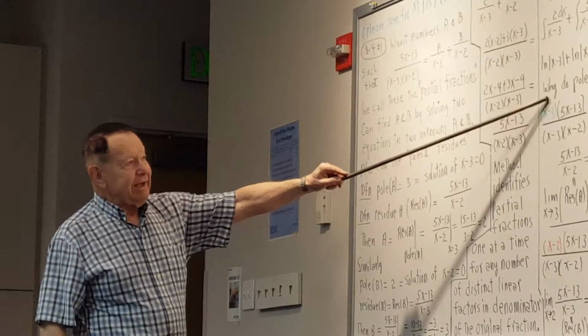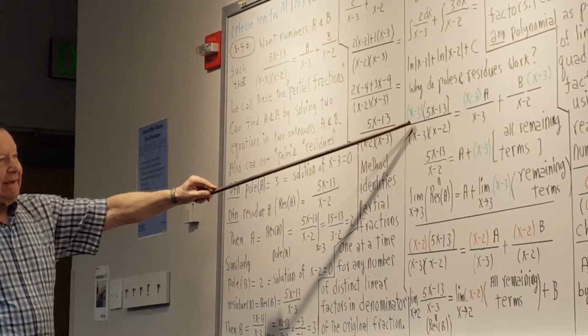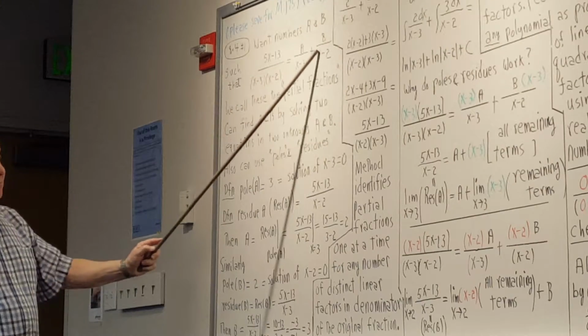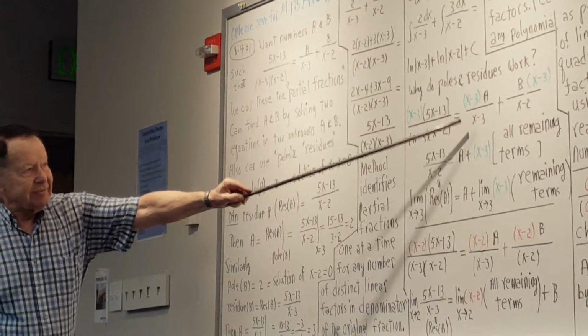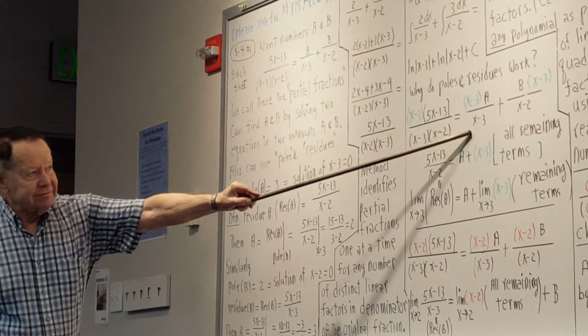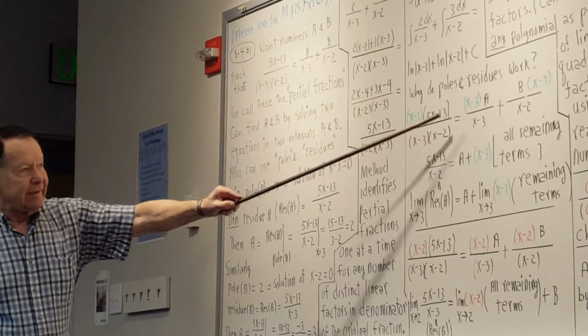Well, to get A, what you do is say, as I have over here, why do poles and residues work? Say you're trying to get A, thinking of this same problem, multiply through everything by the denominator, as I did with the green colored factor.